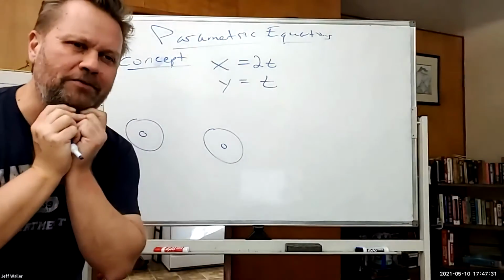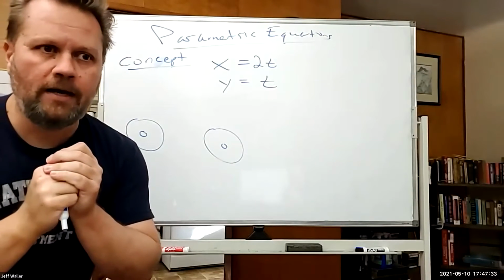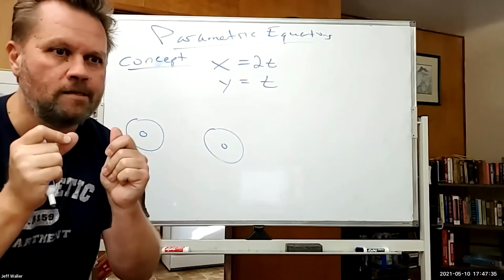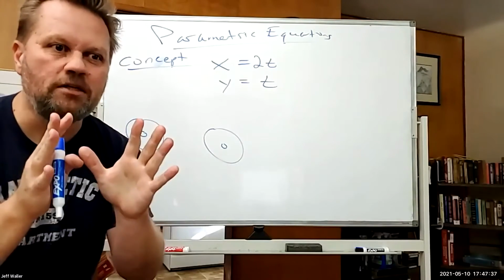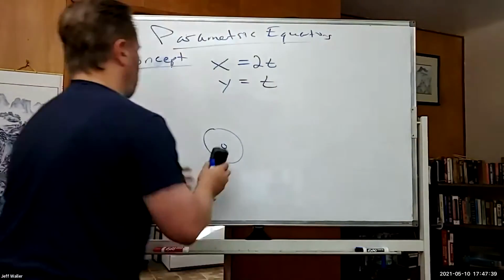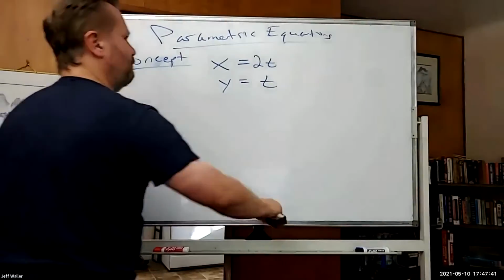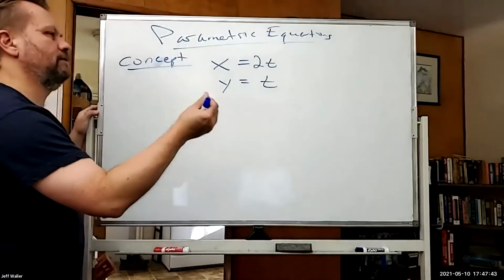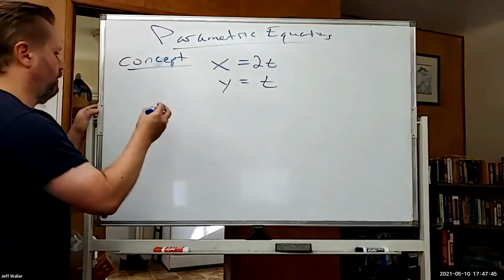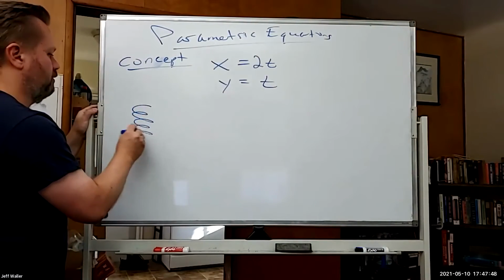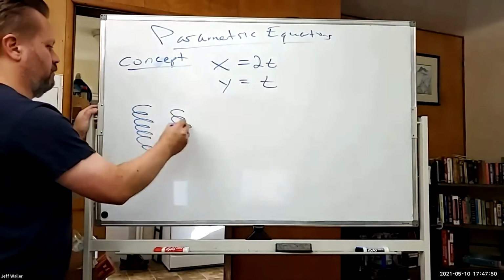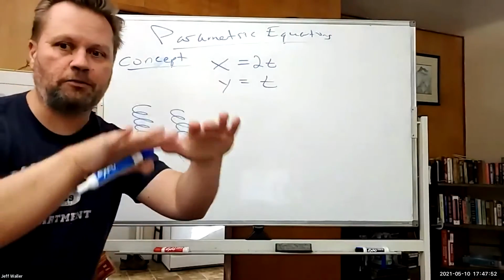What's a better example? I can't think of one. Well, what about, why am I unable to think of one? All right, a spring versus another spring. Pretend like those are springs.